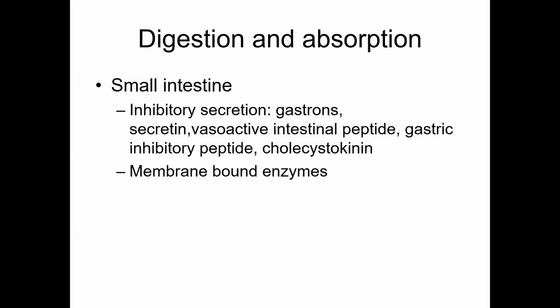The enzymes can be from the pancreas or from the small intestine itself. If the enzymes are from the small intestine, they are located on the microvilli. There are a lot of microvilli, which increase the surface area, so you can carry a lot of enzymes. Because these enzymes are on the microvilli, we gave them a name called brush border enzymes, kind of like on the brushes.